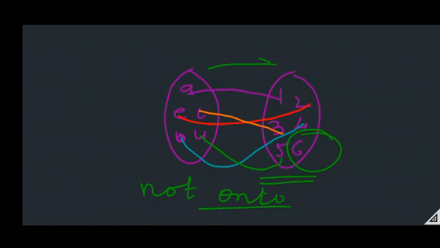So if any element is left in codomain, the function is not onto. For a function to be onto, all the elements of codomain should have pre-images. In other words, all the elements in codomain should be mapped. Here you can see very clearly 6 is left out, it is not having any connectivity. So this is not an onto function.